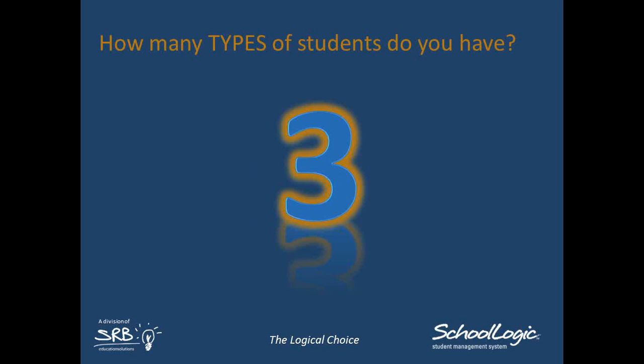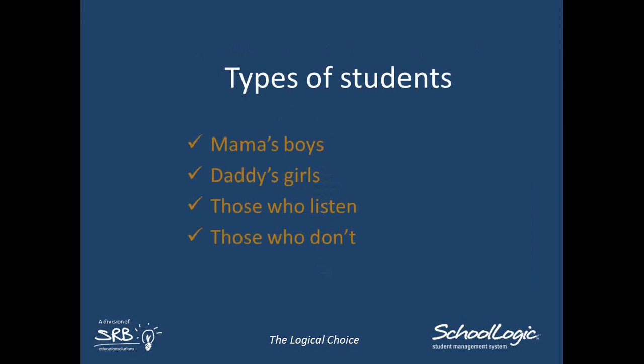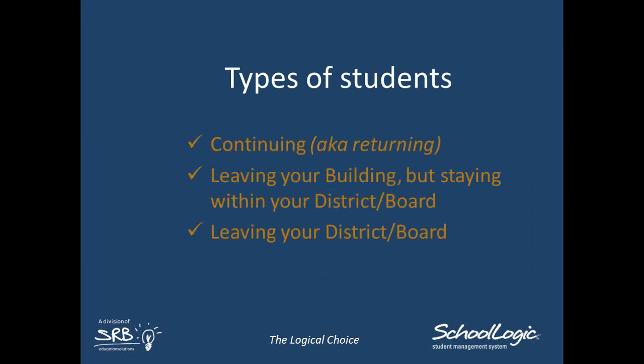I'm going to suggest 3. Wait, I don't mean that you have 3 total students. I mean you have 3 types of students. Not types like this, but types like this. There are continuing students, which a lot of places call returning students.